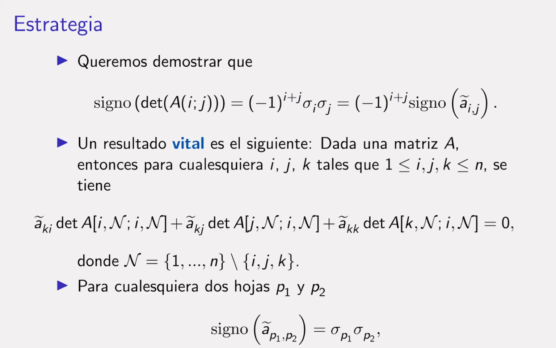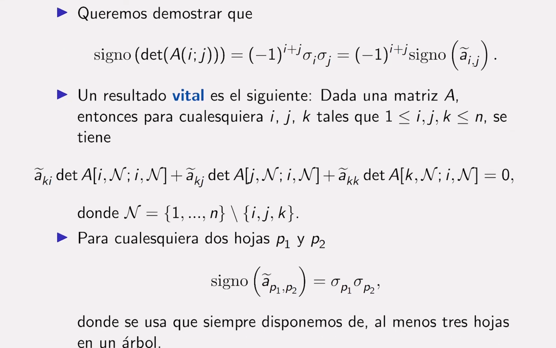Now, one identity that is really helpful for us is the following. So we have an n by n matrix, which is TTP with respect to the tree. So we have for any i, j, and k, whatever they are, just different. Oh, they need to be different. Then a tilde ki times the determinant of this, plus akj tilde of this, plus akk tilde determinant of this, equals 0.